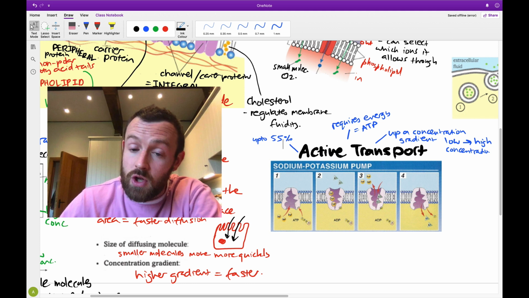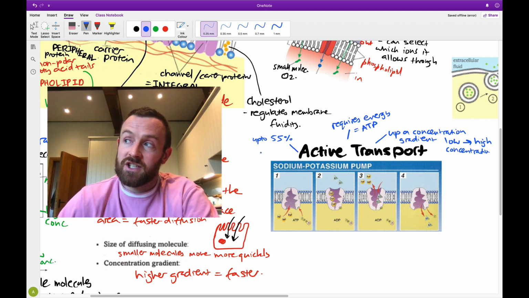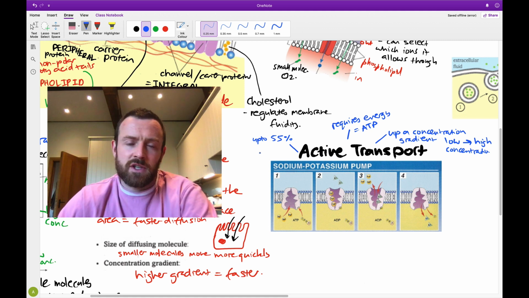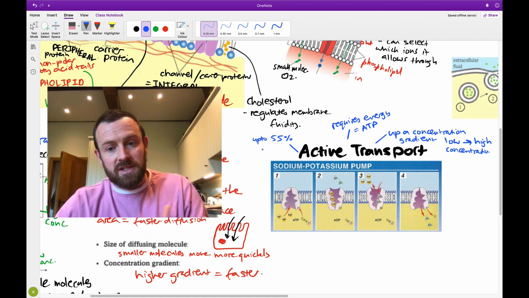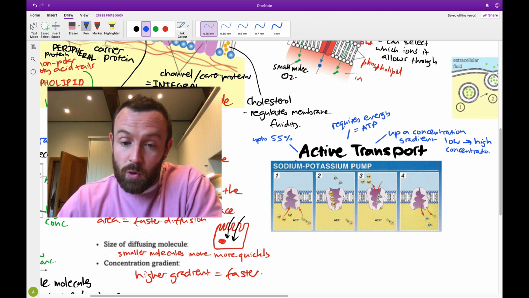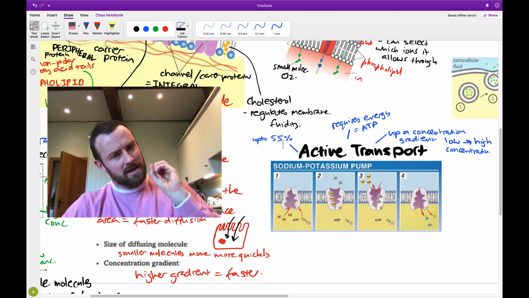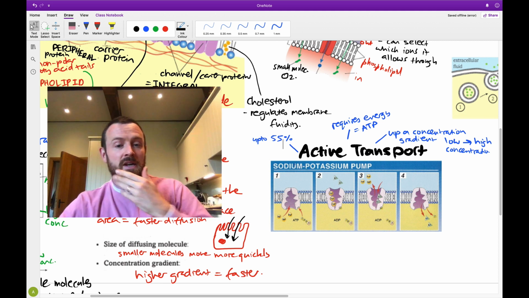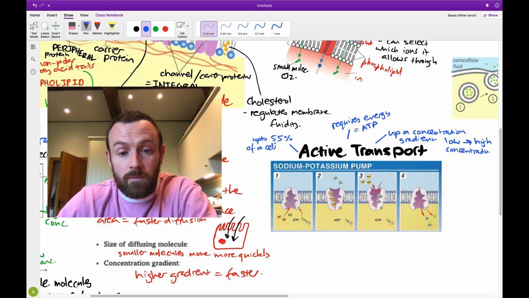It certainly is true, I think, of neuronal cells, because a lot of the energy they use is used to transmit electrical impulses, and the active transport by the sodium-potassium pump is used to set up the electrical charge that can then be used to trigger and send those impulses. So up to 55% of a cell's energy use might be just from this pump.